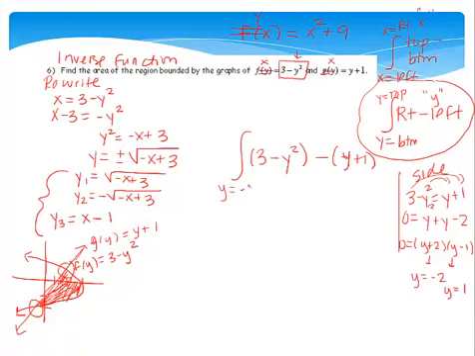The lower one goes here, negative 2, all the way up to 1, which would be the upper limit here. They're meeting at negative 2 down here, and up here they're meeting at a y value of 1. We're going to go ahead and simplify. So we have a negative y squared, a minus y, and we have 3 minus 1.